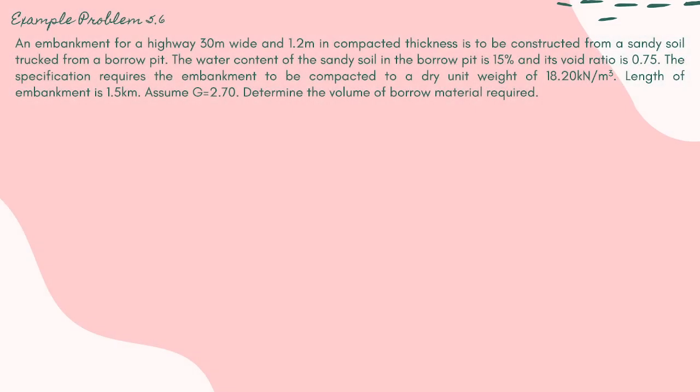The specifications require that the embankment be compacted to a dry unit weight of 18.20 kilonewton per cubic meter. The length of the embankment is 1.5 kilometers and assume that the specific gravity is equal to 2.70. Determine the volume of the borrow material required.